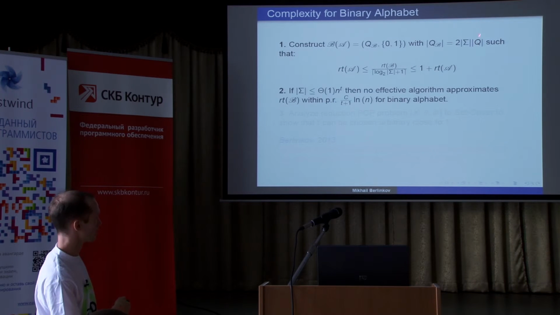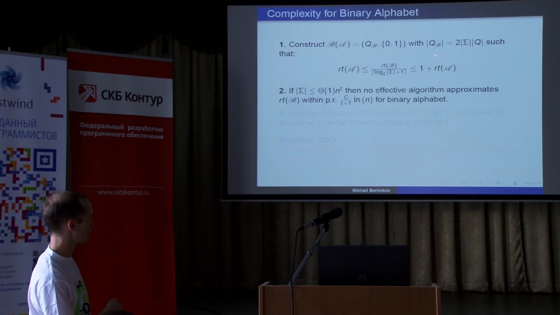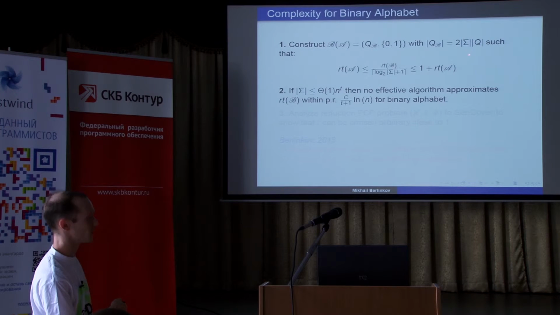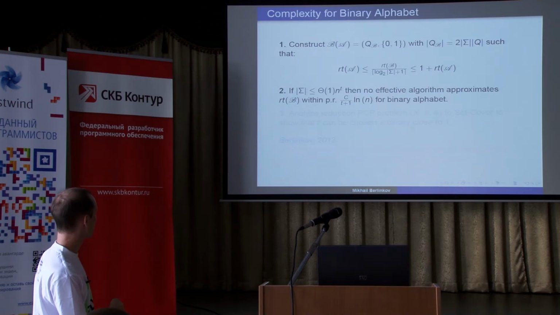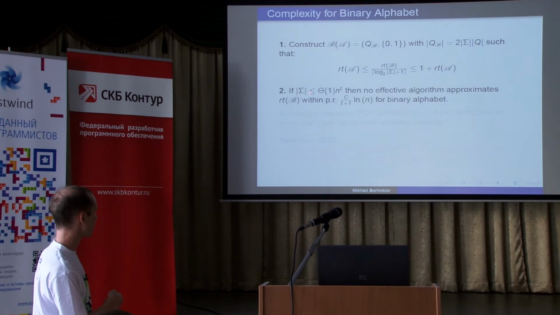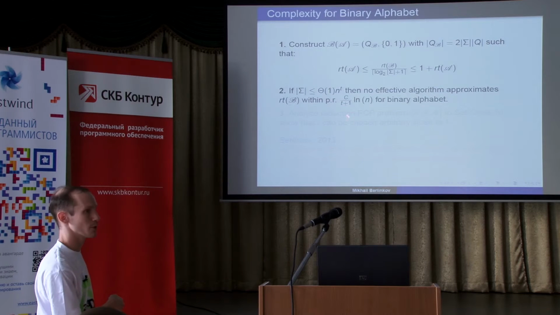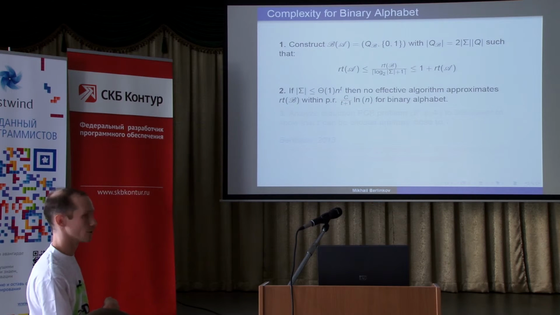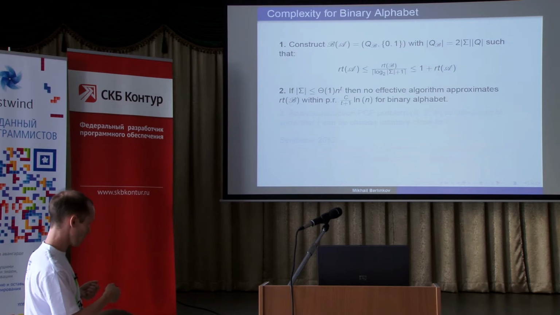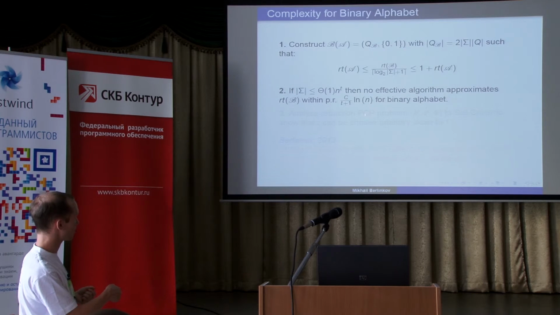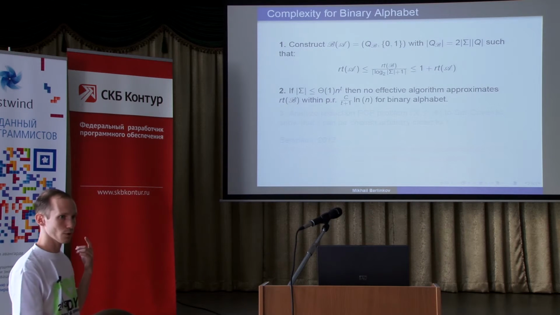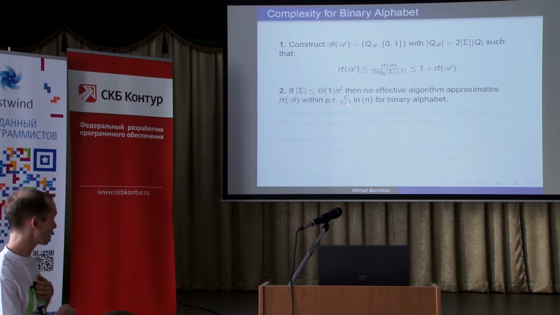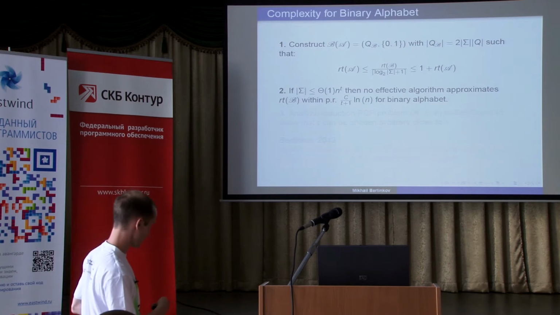The only problem is that the cardinality of the state set depends on the alphabet size of the original automaton. But if the alphabet size is bounded by some polynomial of degree t of the number of states, then we immediately get the following: there is no effective algorithm which approximates the reset threshold for automata with binary alphabet with the following performance ratio.